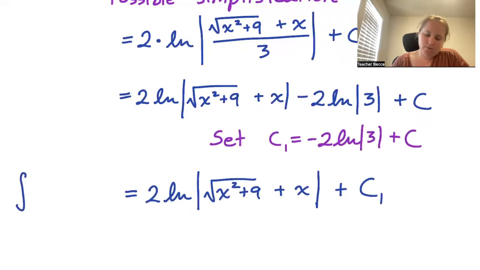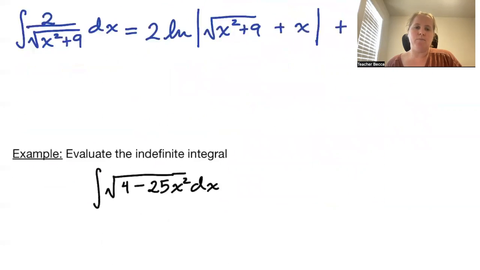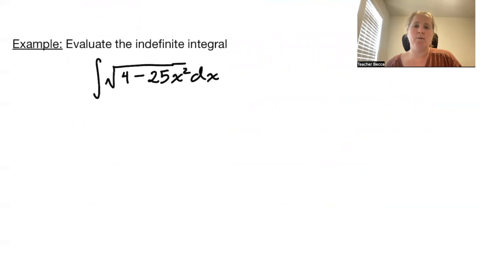So our integral of 2 over the square root of x squared plus 9 dx winds up giving us this answer. So that was one example of a basic trig substitution problem. Let's go ahead and do one more.